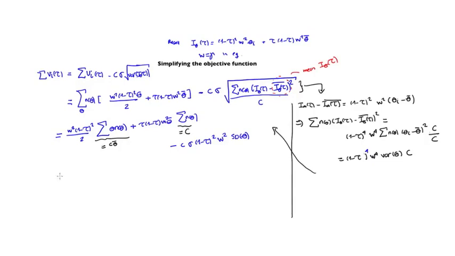Now, this is going to be linearly proportional to, doing a tiny bit of algebra, w squared c theta mean that multiplies (1 minus tau squared) plus 2 tau (1 minus tau).